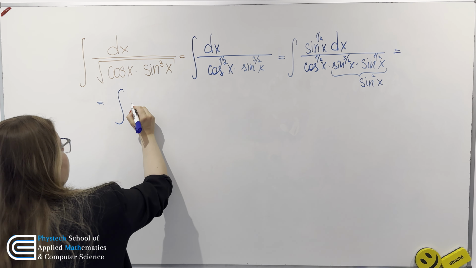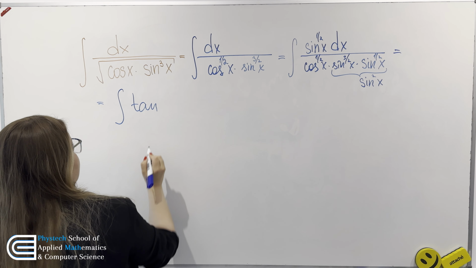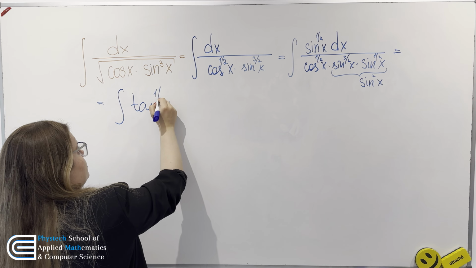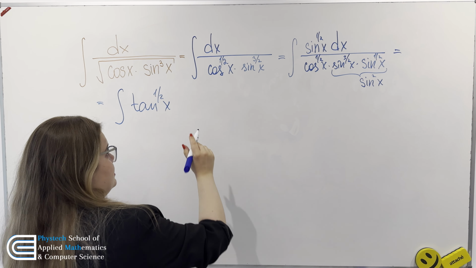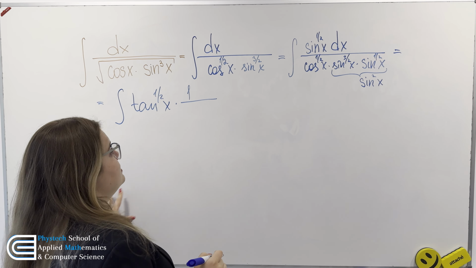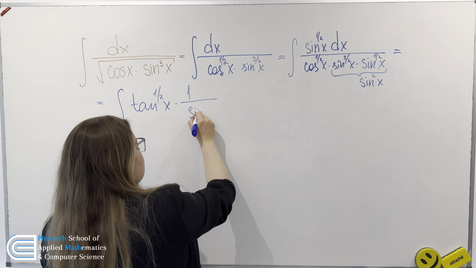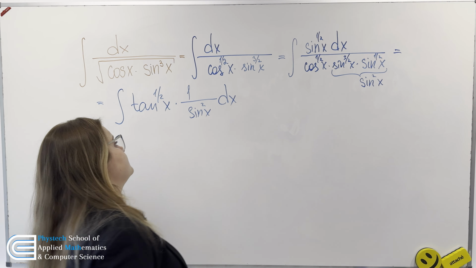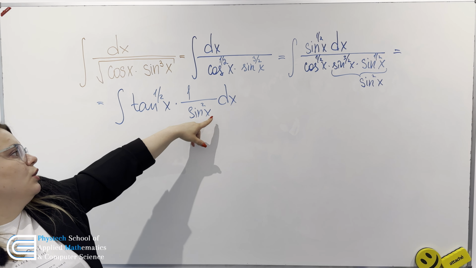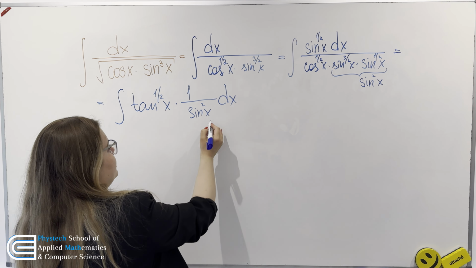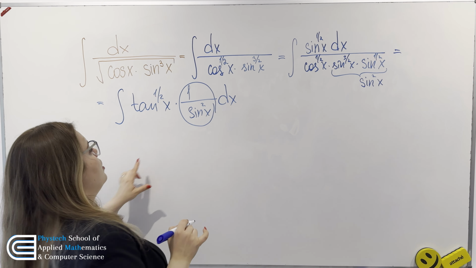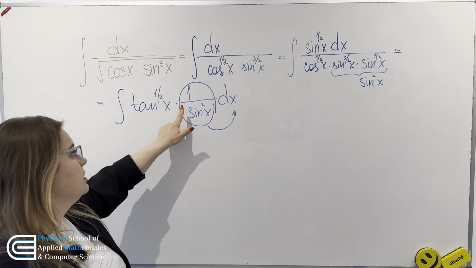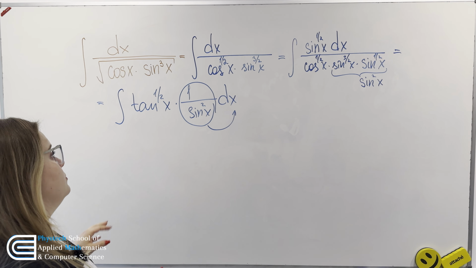So I can write now tangent of x to the power of 1 divided by 2 multiplied by 1 divided by sine of x to the power of 2 dx. And here we can see that we can put all this part here, but we need minus. So let's check it.